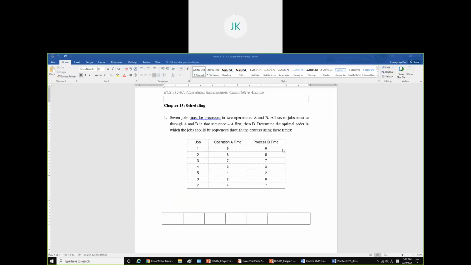Here there are 7 jobs, with operation or process times on 2 machines, and multiple jobs. So we use Johnson's rule.